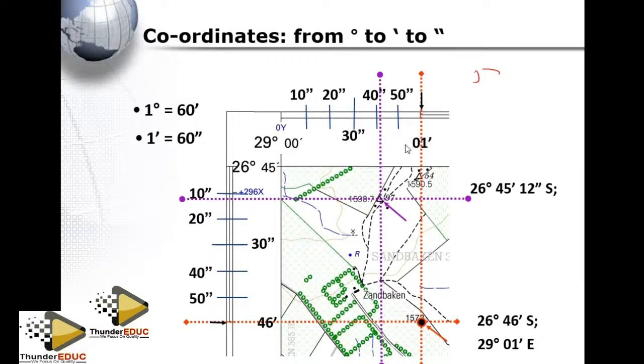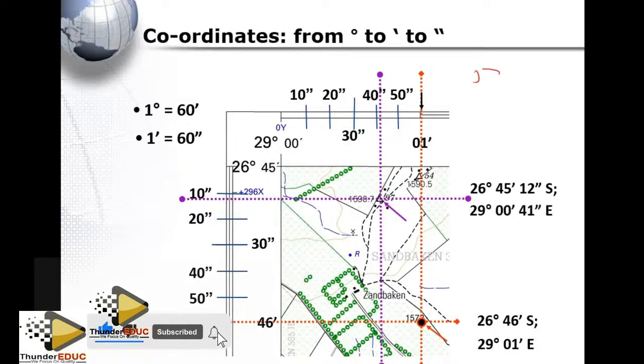And then this is 1 minute, 0 seconds. Then you can proceed like that. Where the feature is cutting is not exactly sitting at 40. It is sitting at around 41. Okay, therefore, it's going to be 29 degrees, 00 minutes, because we have not yet moved 1 minute. So it's still 00 minute, but 41 seconds east.